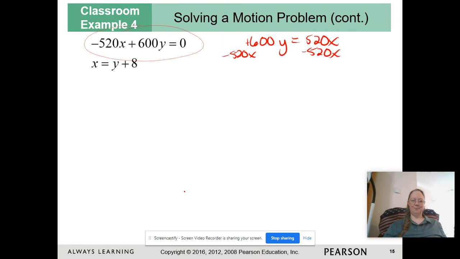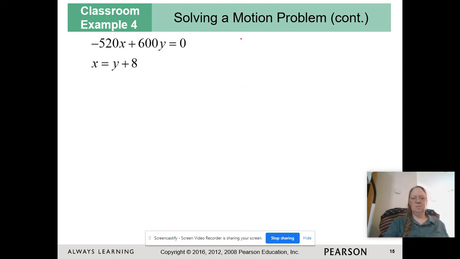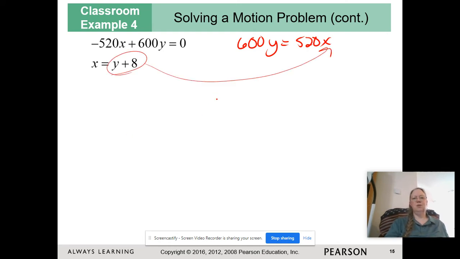All right. So to be completely honest, I like it set up better this way. 600y is equal to 520x. And I'm going to substitute right there.